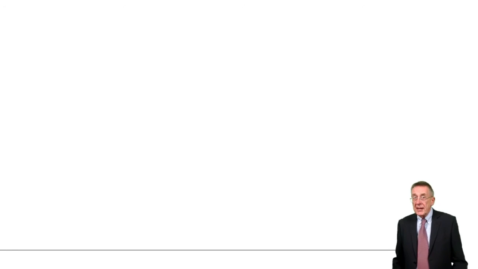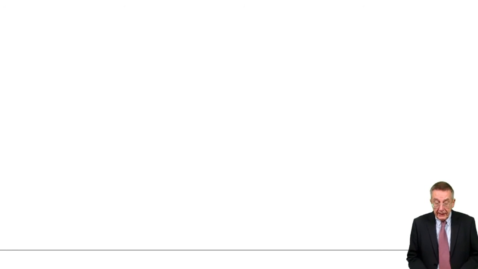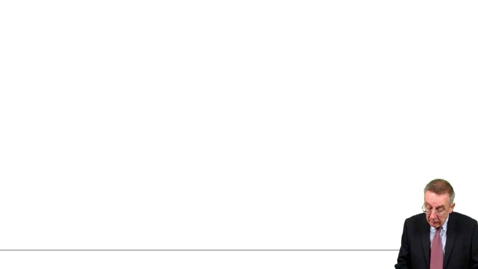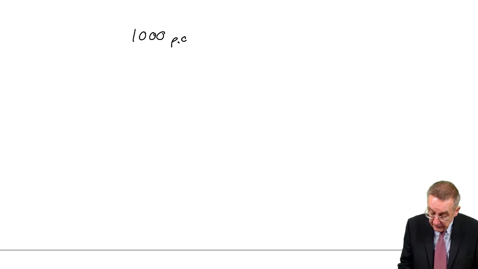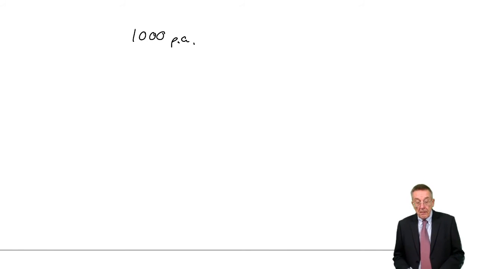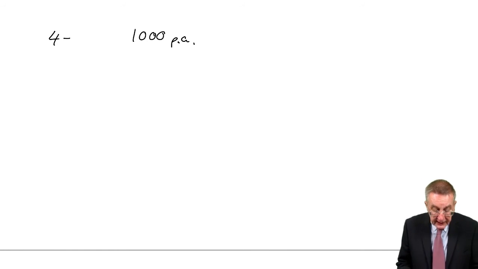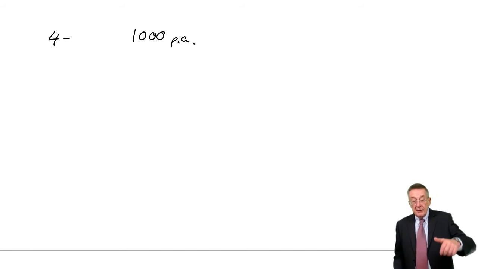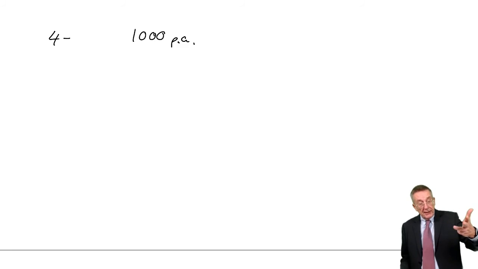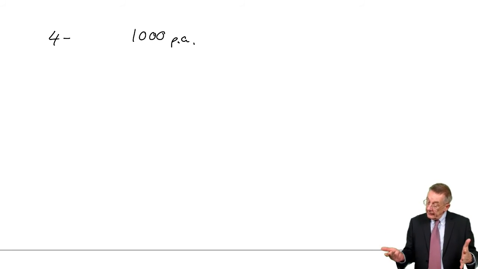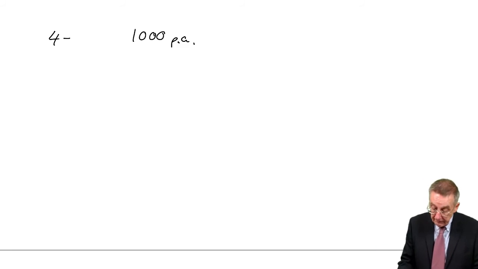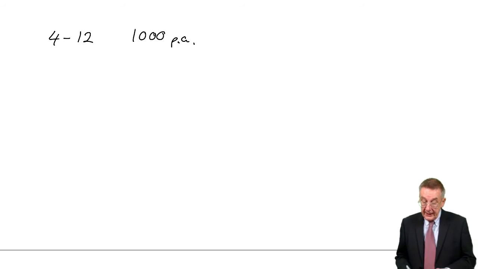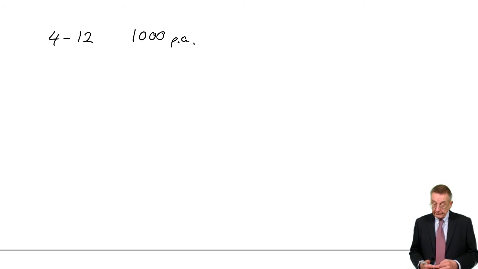So we have an annuity, an equal amount each year, and writing it down the shorthand way, it's 1,000 per annum. The first receipt is in 4 years' time, and it'll be for 9 years in total. So we'll get it in 4 years, 5, 6, 7, 8, 9, 10, 11, 12. The last receipt will be in 12 years' time.